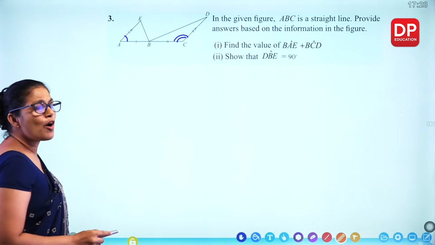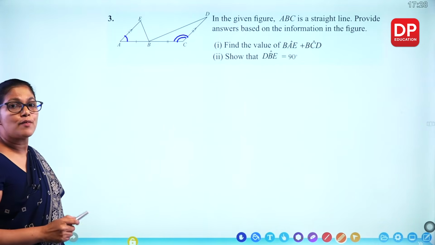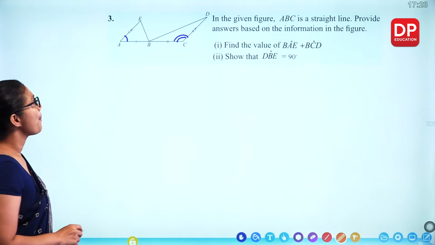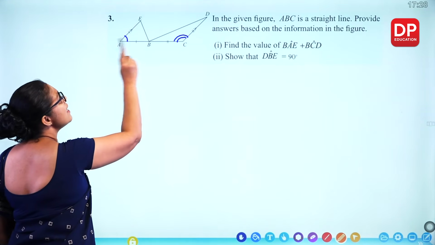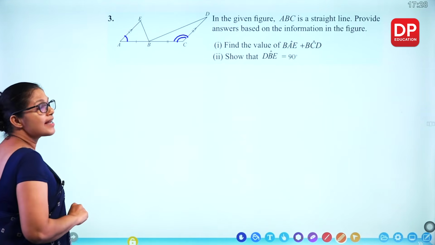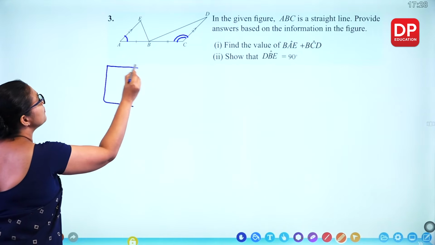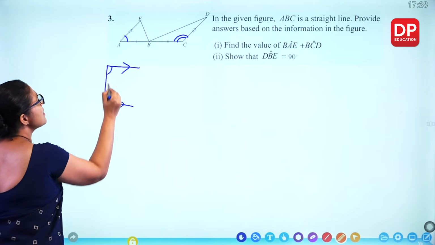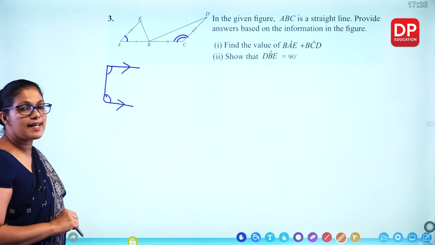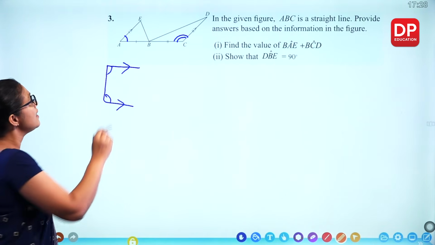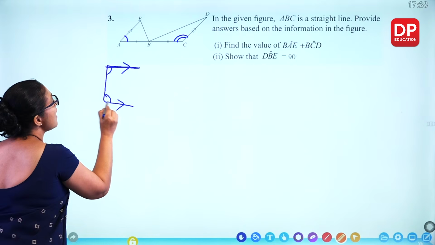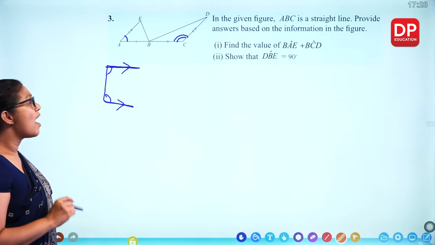What can you say about the angles inside when you have parallel lines? We can say these are opposite interior angles. So here when you get two parallel lines like this, opposite interior angles inside parallel lines add up to 180.